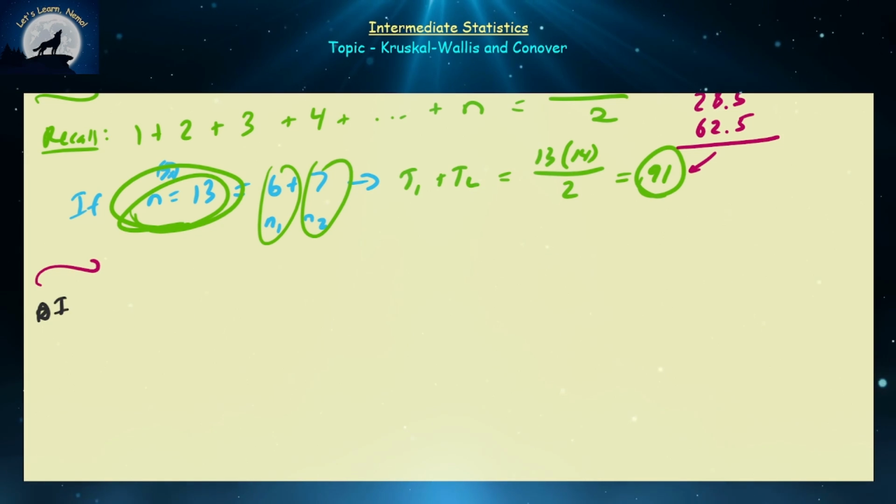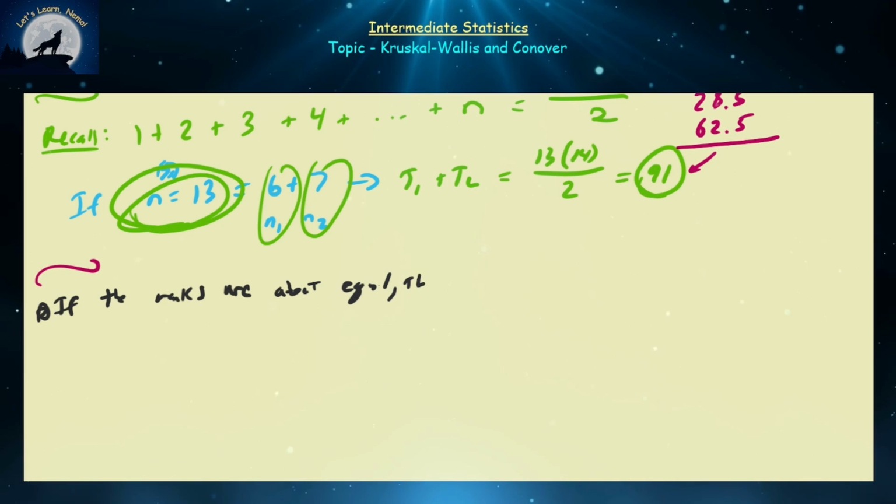So if the ranks are about equal, the rank total should be about equal as well.